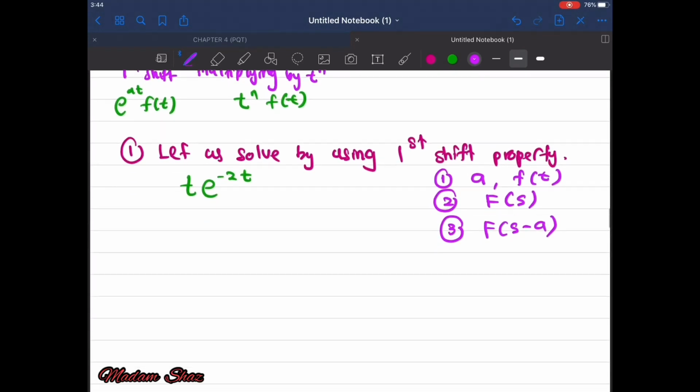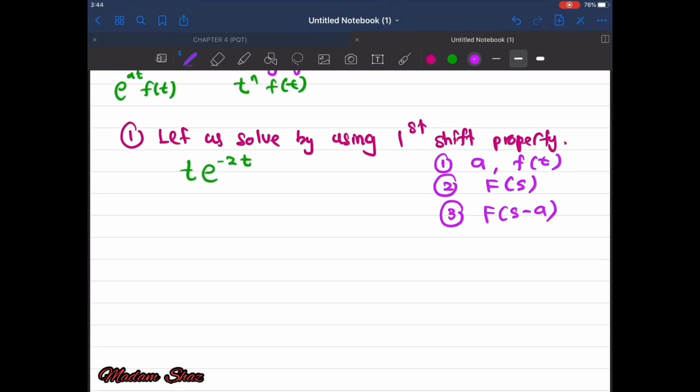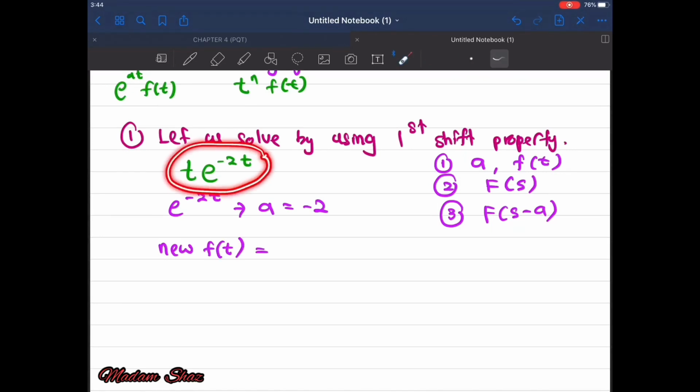First we determine our a. From the exponent -2t, our a is equal to -2, and our new f(t) is any other function except the exponential term. So we close the exponential term, and our new f(t) is equal to t.